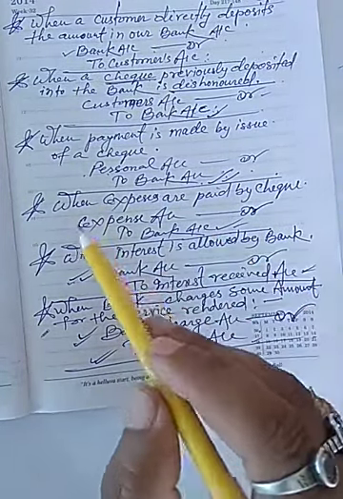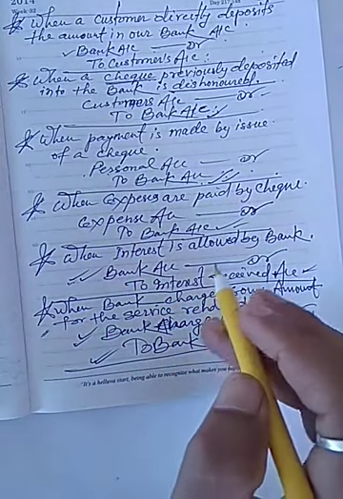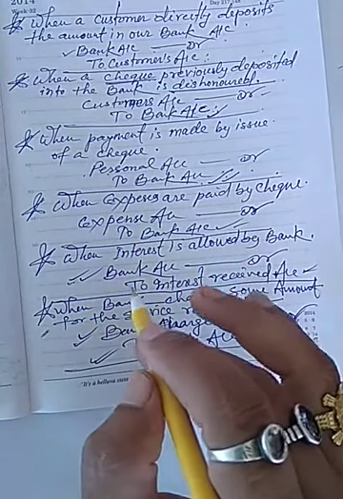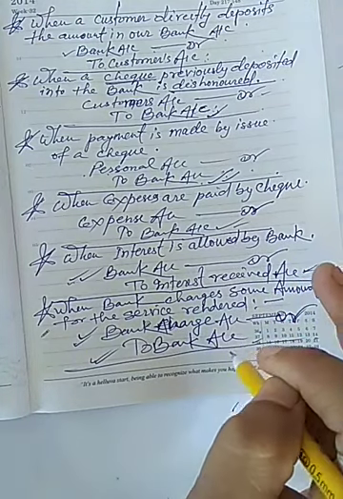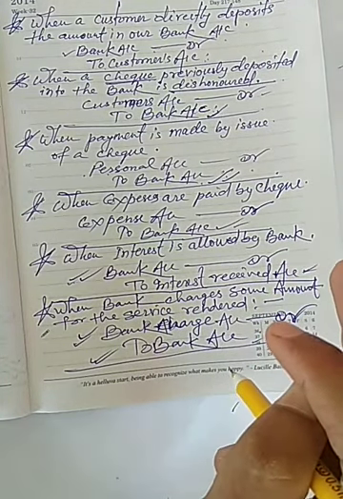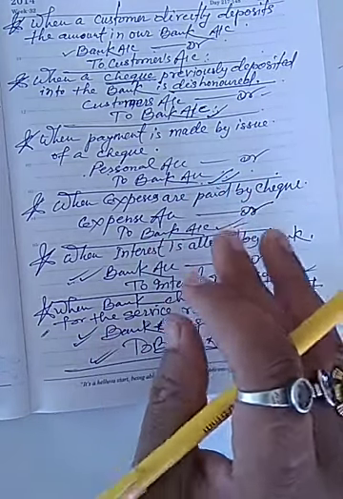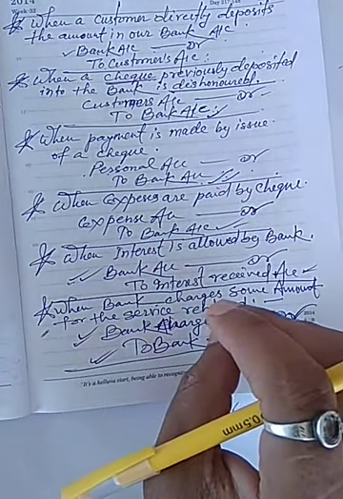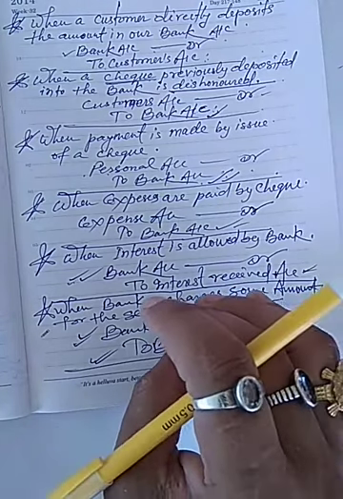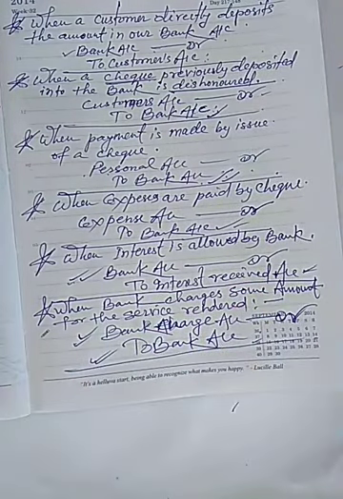On the basis of this transaction, student, the bank account will be debited when the amount increases in our bank account. In all the cases, when the amount increases in our bank account, then the bank account will be debit.